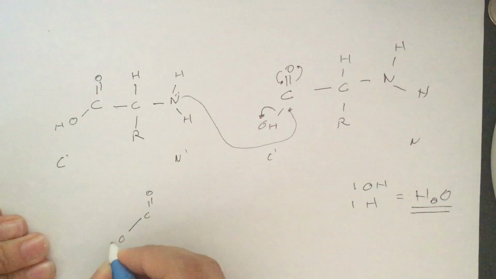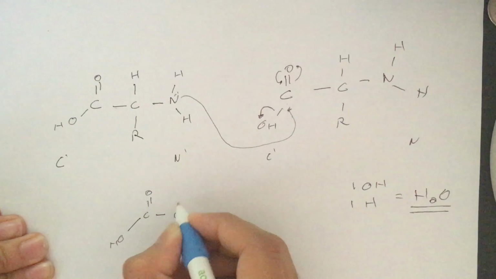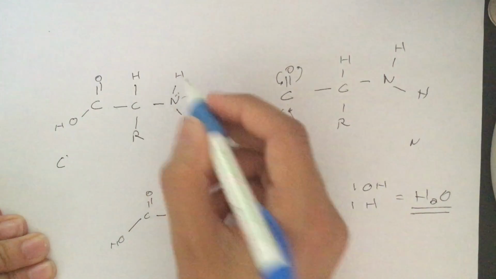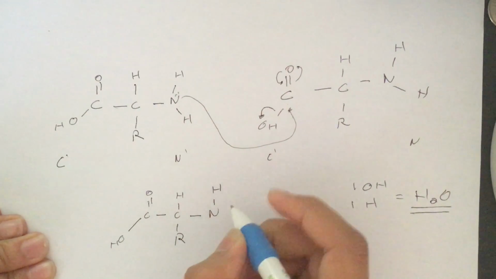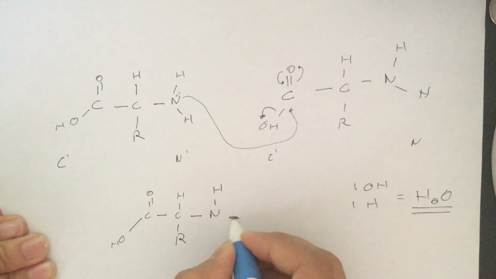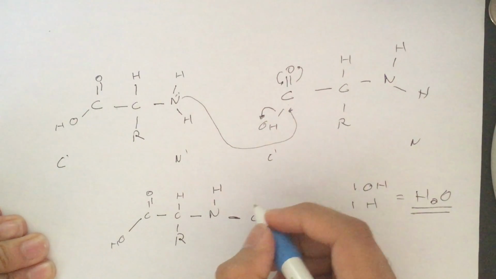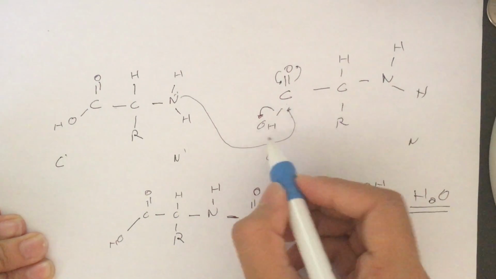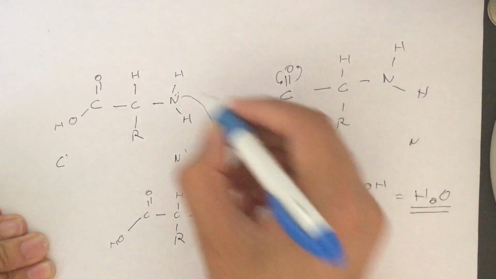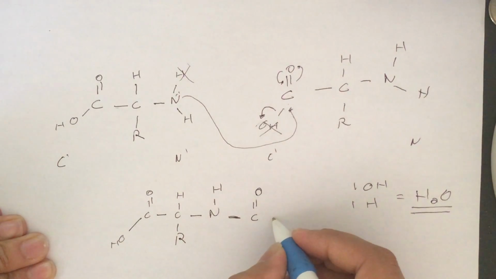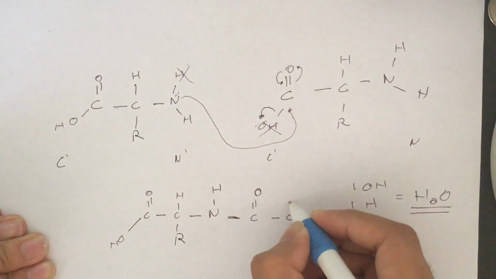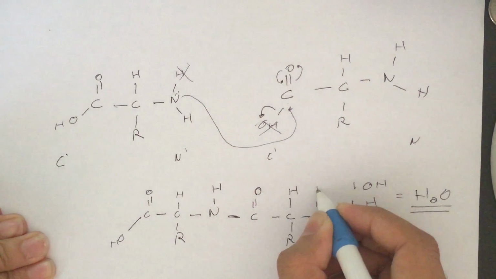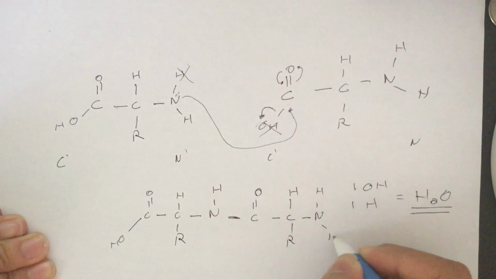So the end product will look like this. Remember, since you lost a hydrogen, you will only have one hydrogen. You have this bond to the carbon, since you lost this hydroxide. You have the initial alpha carbon, the hydrogen, the R group, and the amino group intact, right?